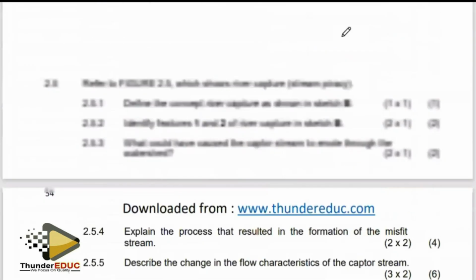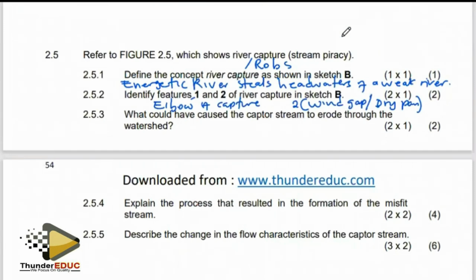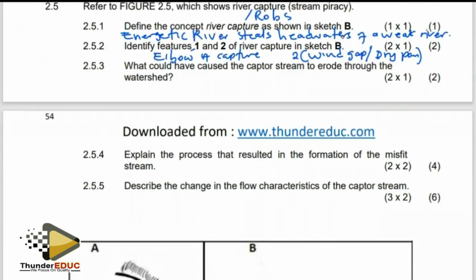Okay. Then we look at question 2.5.3. What could have caused the capture stream to erode through the watershed? Remember, when they say capture stream, this is the same as the energetic stream, or the pirate, or the one which stole water.